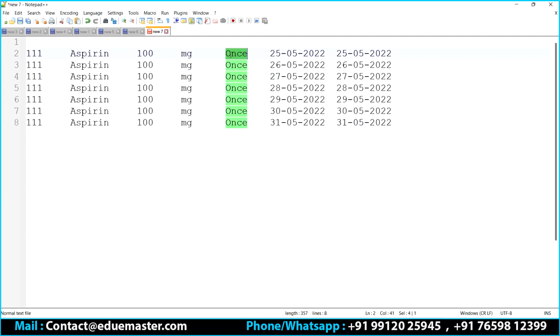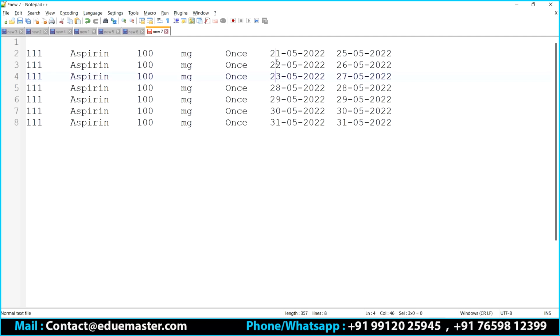So here I defined this as, let's say, once. Maybe I can also do one thing. Let me change this to 21st, 22nd, 23rd. After that, a 3-day gap: 24th, 25th, 26th, 27th, 4 days he hasn't taken the medicine.